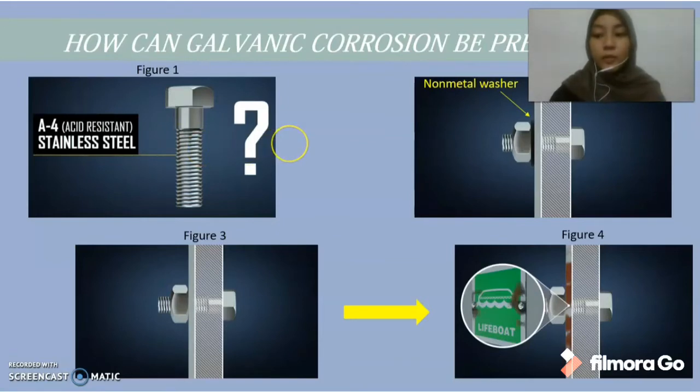If using acid resistant or galvanized steel bolts to secure aluminium, we should use a non-metal washer to isolate the metals from contact with each other. Otherwise, the aluminium may act as an anode.